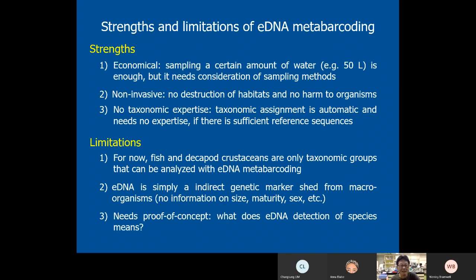It is not invasive, with no destruction of habitats and no harm to organisms. And it does not require taxonomic expertise. Taxonomic assignment is automatic and needs no expertise if there are sufficient reference sequences.